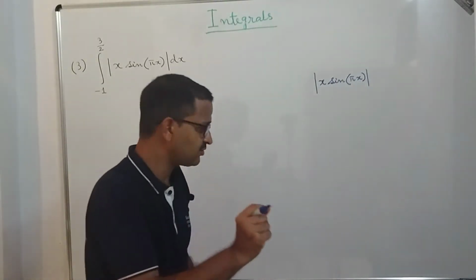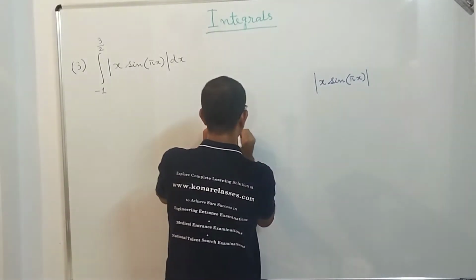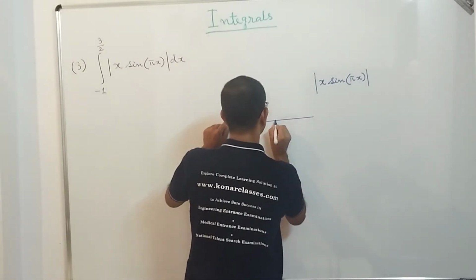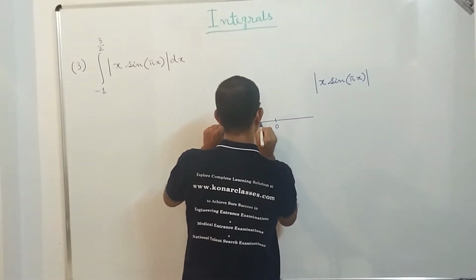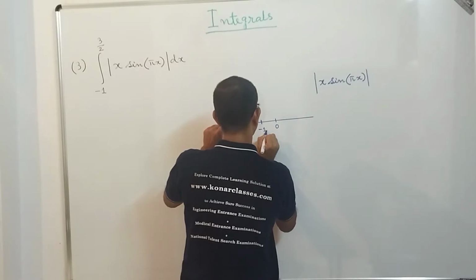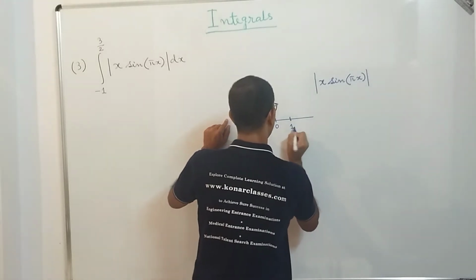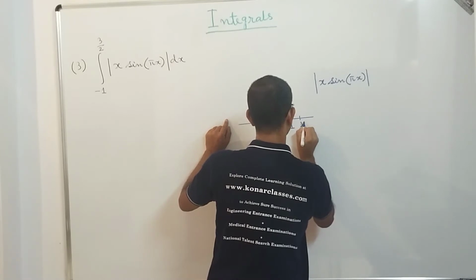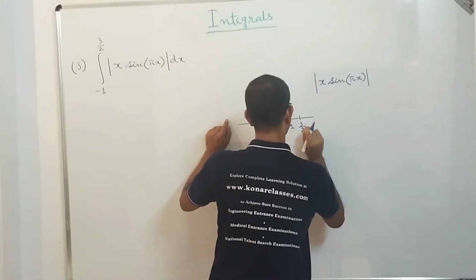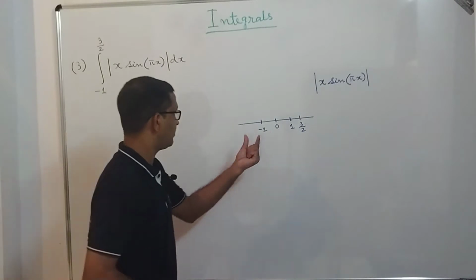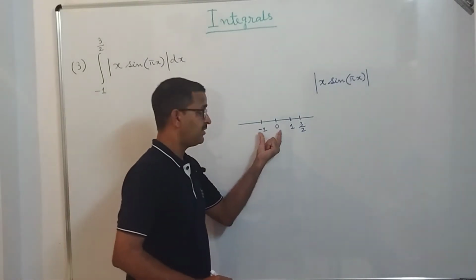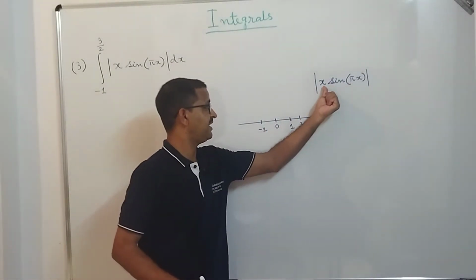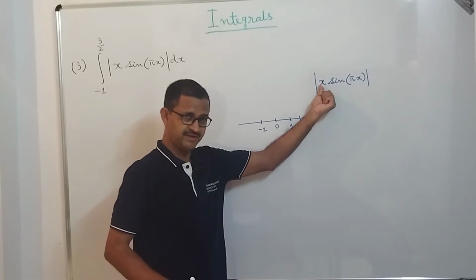When it is from -1 to 0, what is our entire interval? Suppose this is 0, this is -1, this is 1, and this is 3/2. So let's see, when it is from -1 to 0, what is the value of x sin πx? X will be negative, correct?